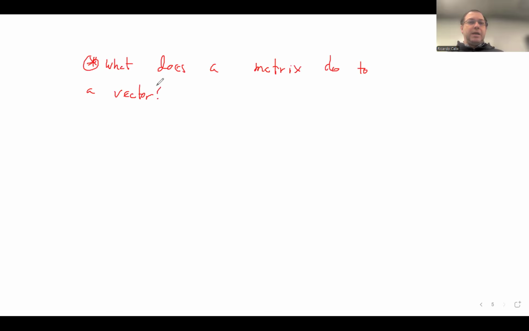Now, the matrix operation is the same one that we're going to use throughout the semester. Always the same operation. But it's going to have a different focus sometimes, right? So we're going to look at it from the point of view of vector spaces today.